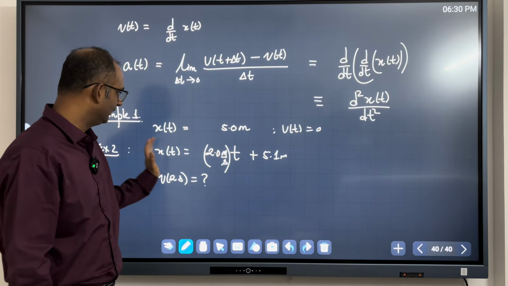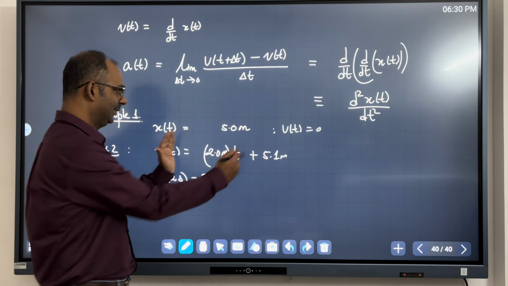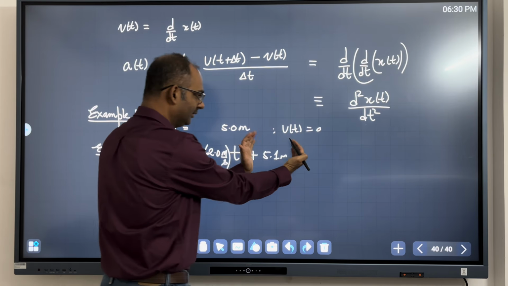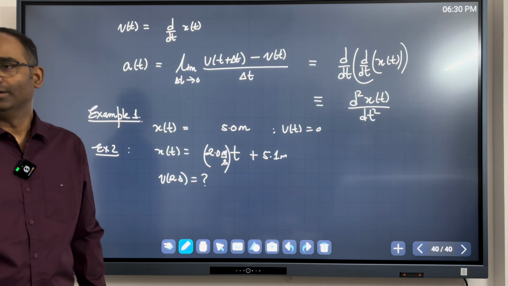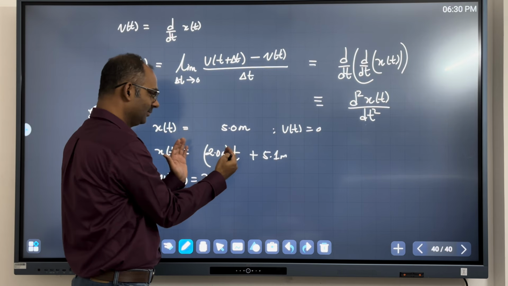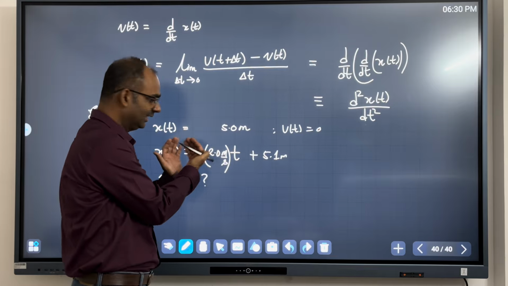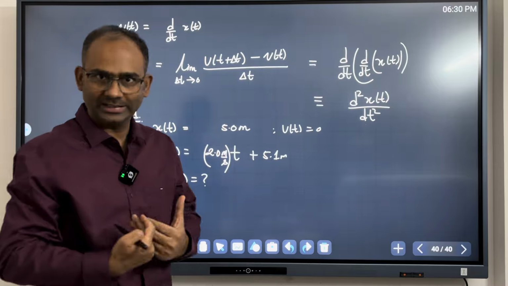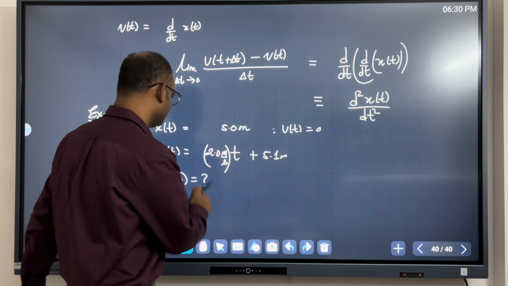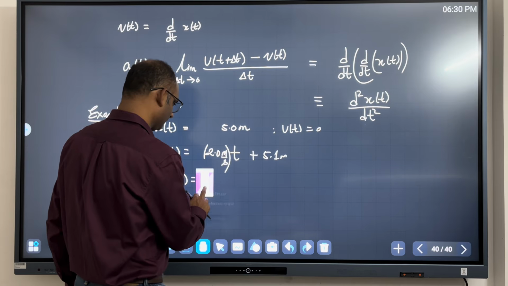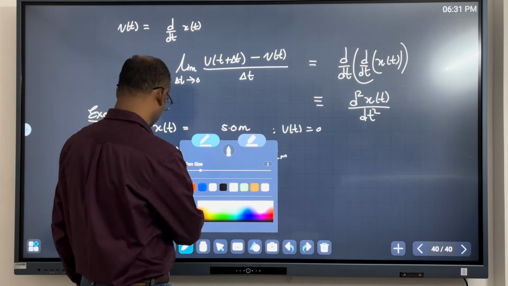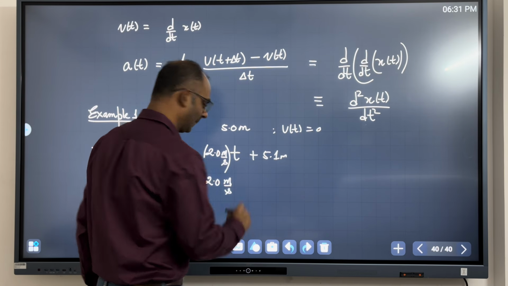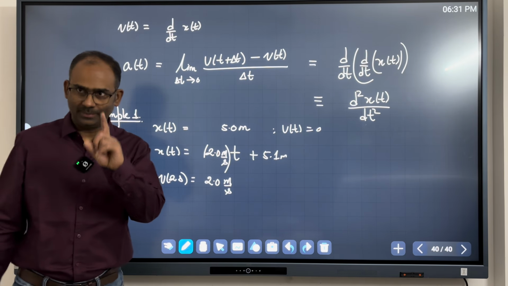Very good. So when you take the derivative of this, it becomes the derivative of this plus the derivative of that. Derivative of that is 0. And the derivative of this is a constant, so it comes out 2.0 meters per second times the derivative of t. So d over dt of t is 1. So we'll remember it like this.